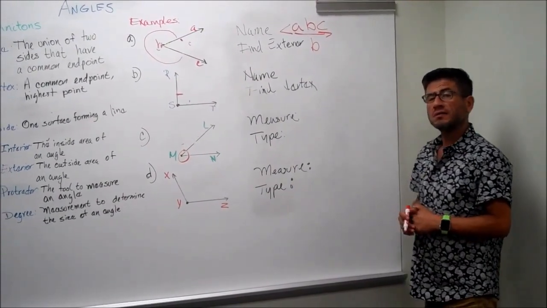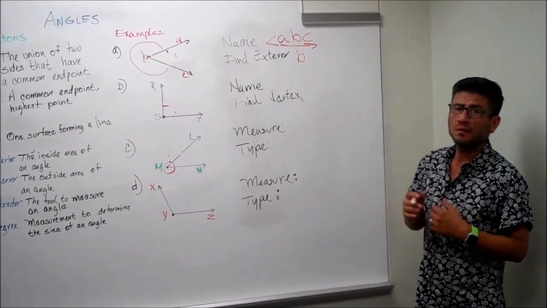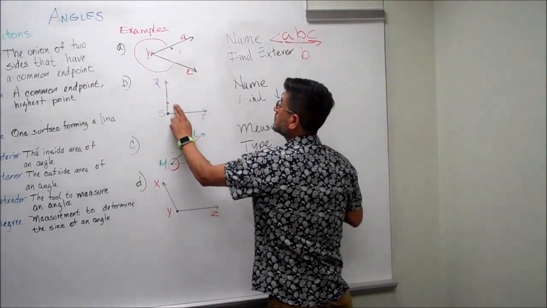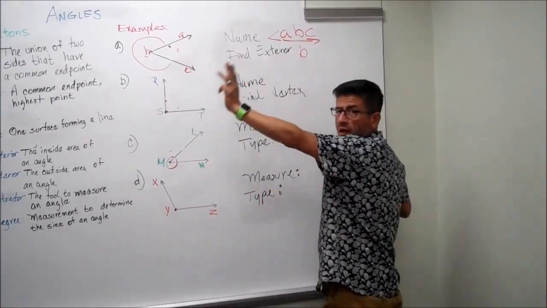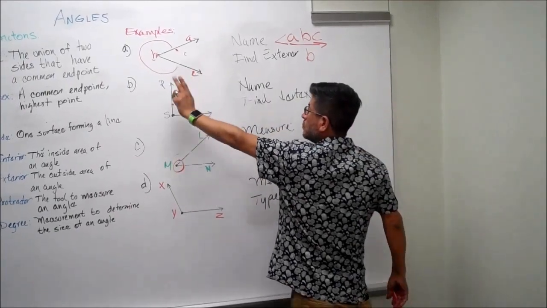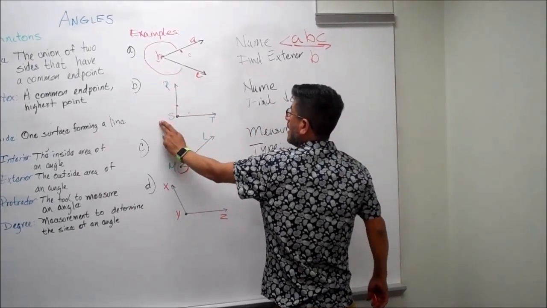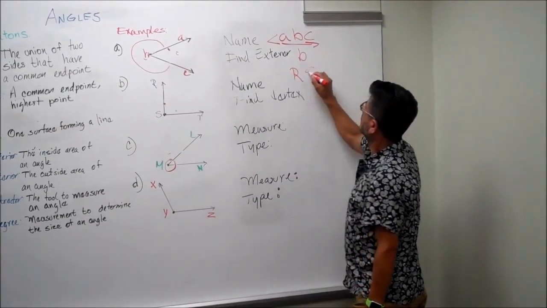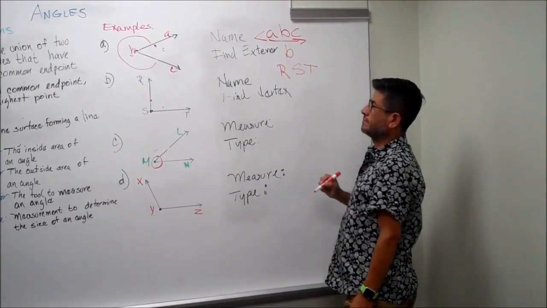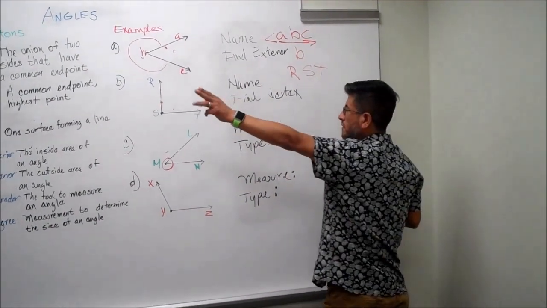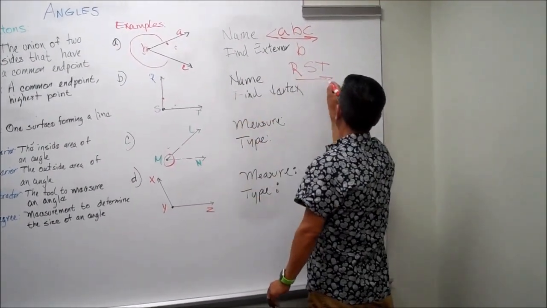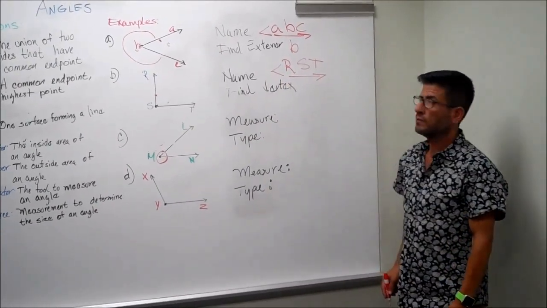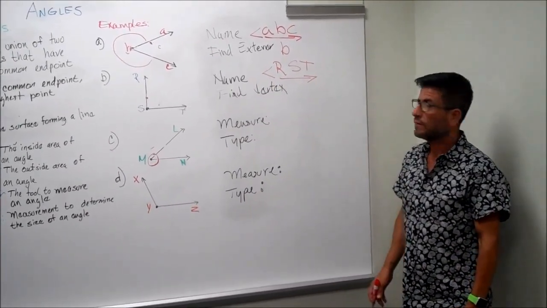On the next one, it's asking us to name the angle again. Always remember what we did on the last one. Read it from left to right. You can have R, S, and T, the symbol to tell us that that is an angle, and that's our name of the angle.